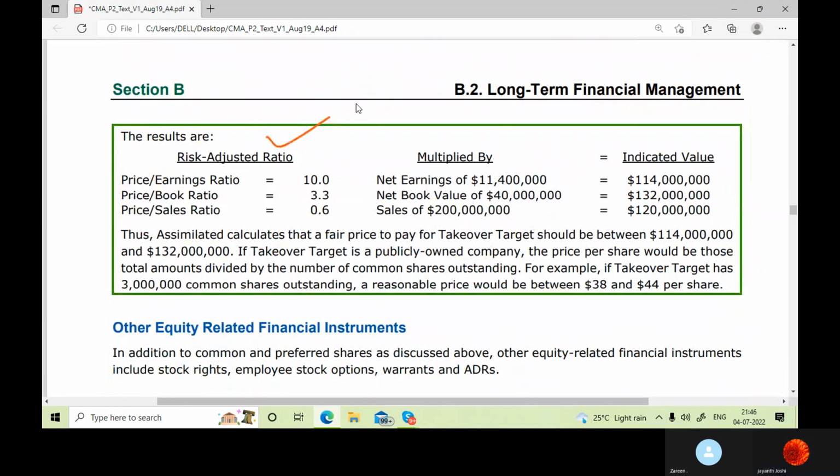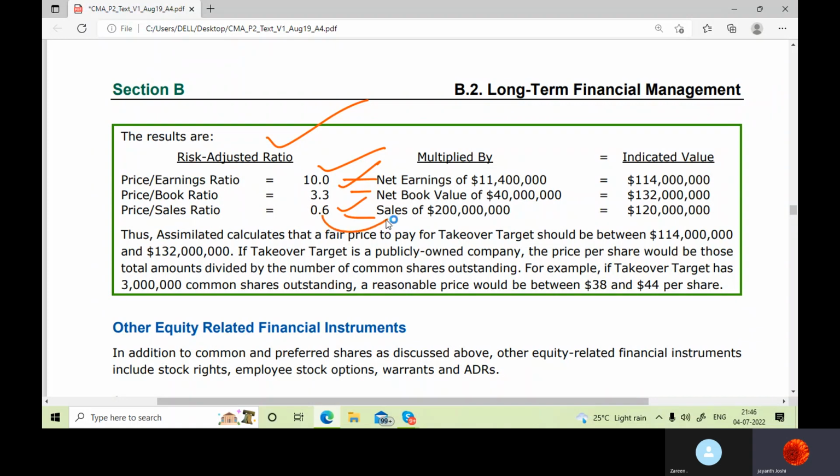So these are the risk adjusted ratios. The P/E ratio, risk adjusted, is based upon the risk that is involved. The ratios have been found out: price to book ratio, price to sales ratio. These are the ratios, and they are multiplied with these 3 things.